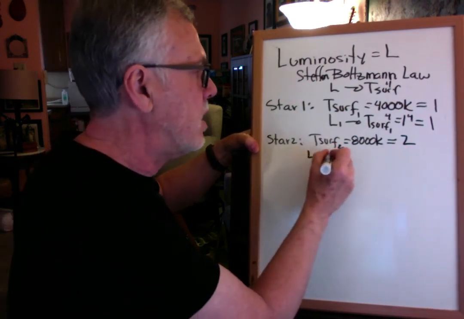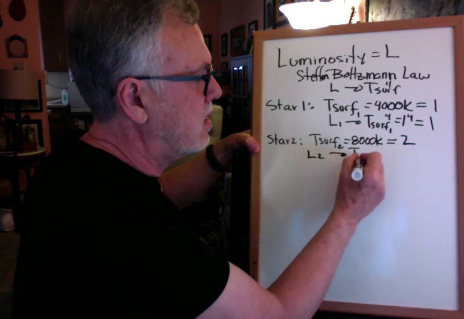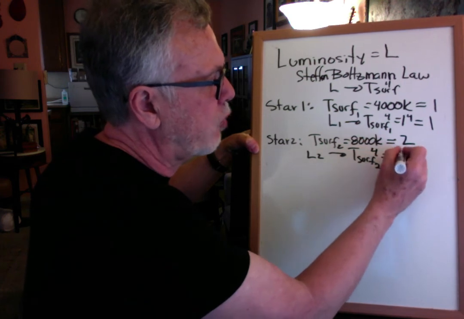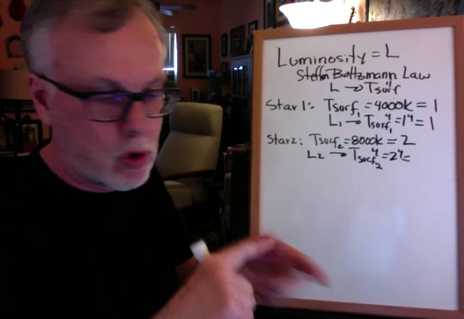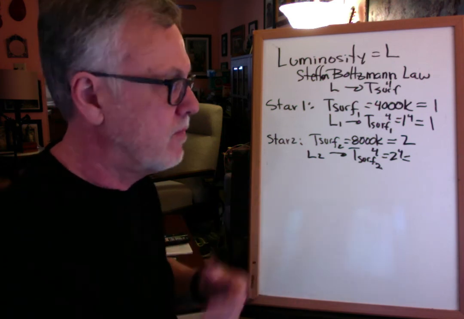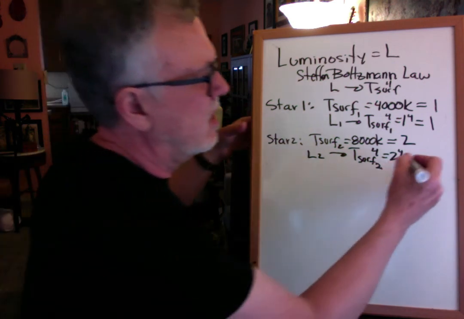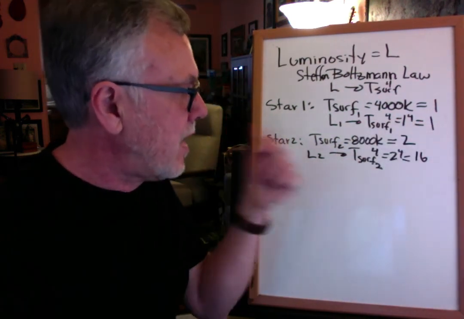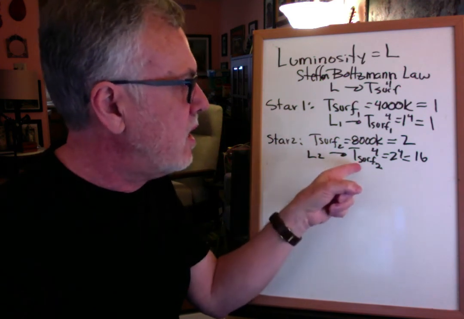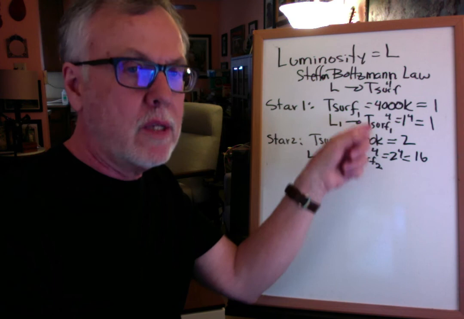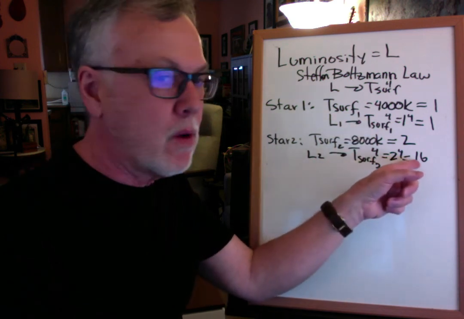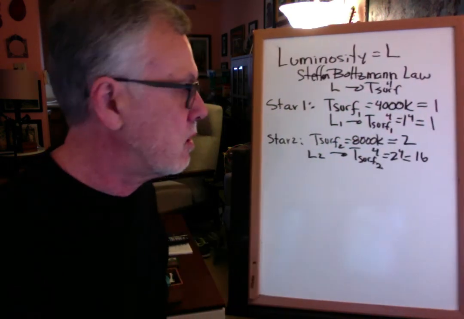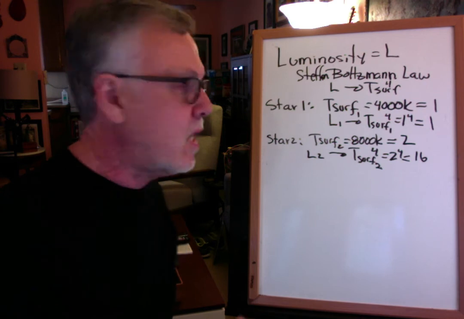And its luminosity is, again, related to its surface temperature to the 4th power, which is 2 to the 4th power, which is 2 times 2, that's 4, and 2 times 2 is 4, so 4 times 4, 16. So look at this. What that says is that if I double the temperature of a star, the amount of energy coming out every second from every square meter is 16 times greater than this cooler star. Let's do another star, star 3.